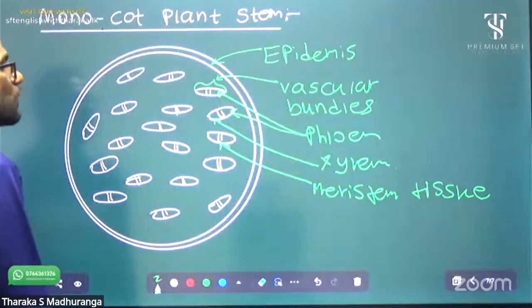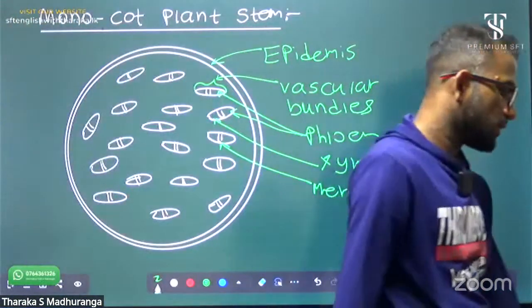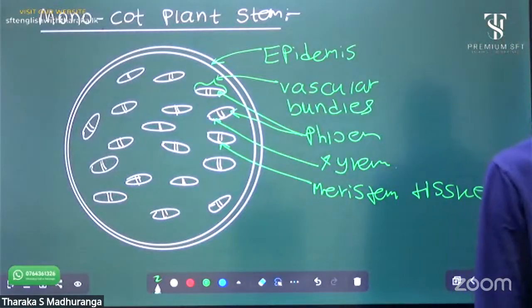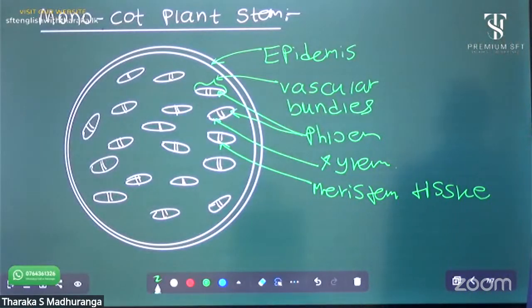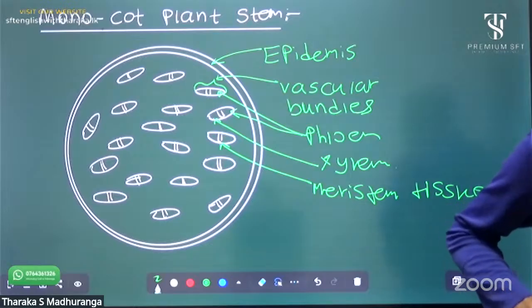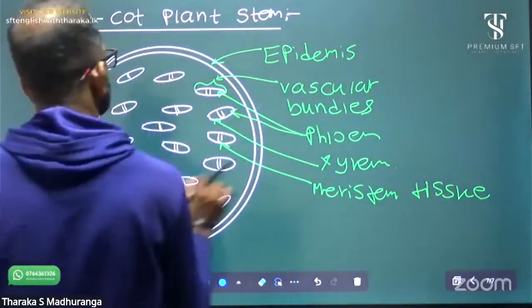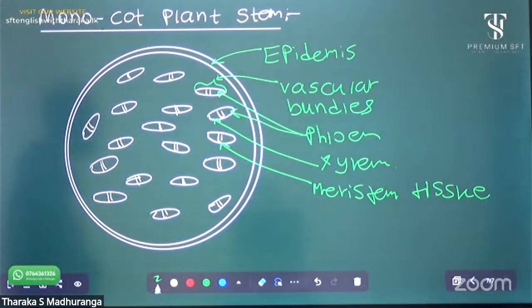Okay, very simple. No separated cortex and pith. Pith and cortex are not separated. Okay, clear? Very simple. Vascular bundles are randomly distributed.